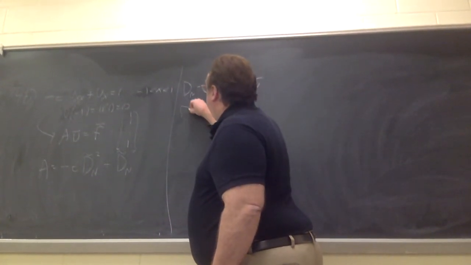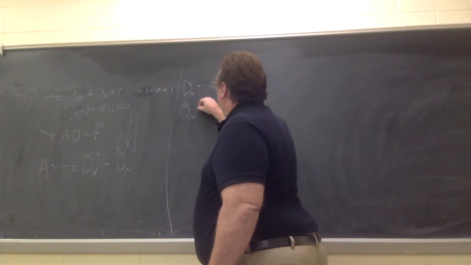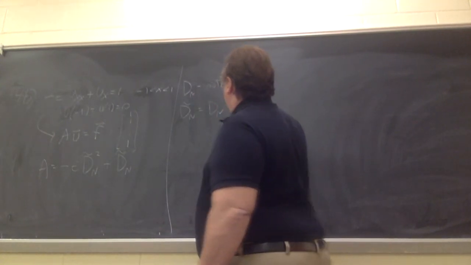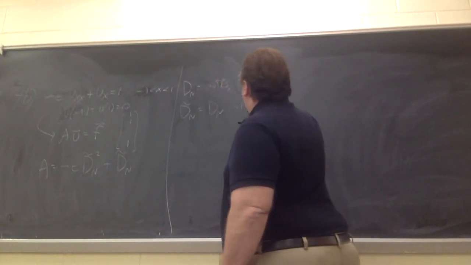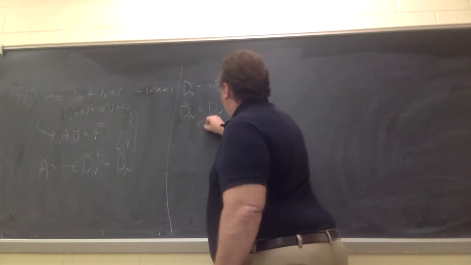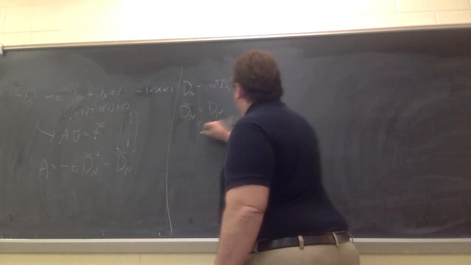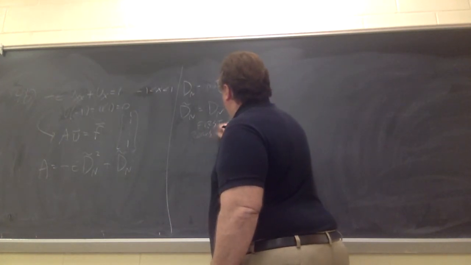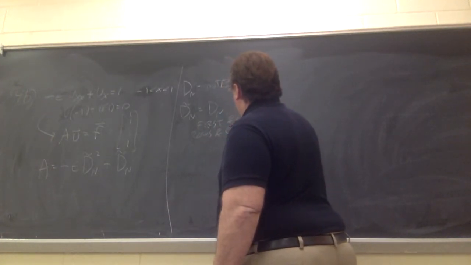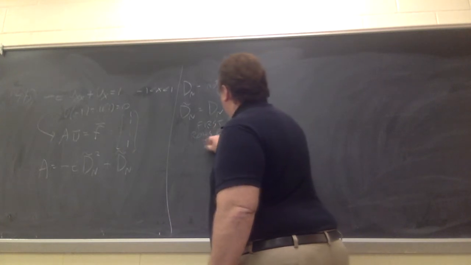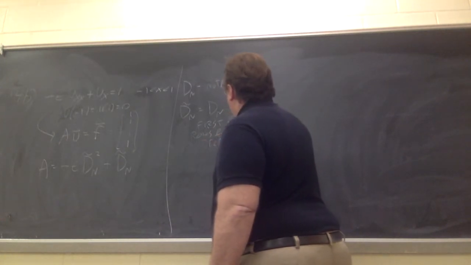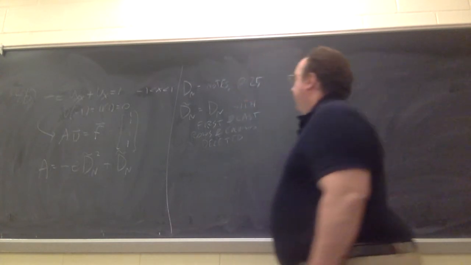So then, D_N tilde is D_N with the first and last rows and columns deleted. Okay.